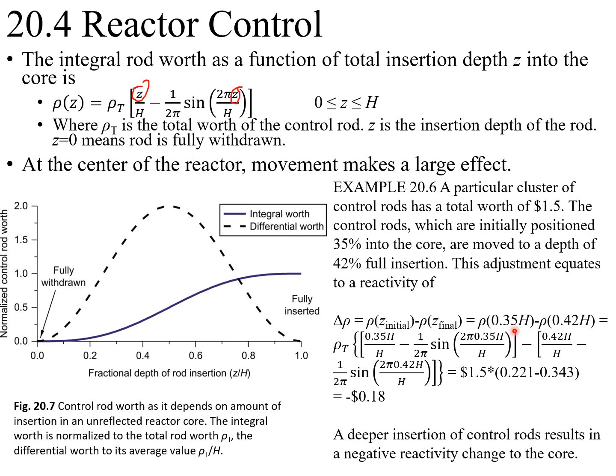Then you will get this result, and that is negative $0.18. It means that if you insert this control rod deeper into the core, you will get an additional $0.18 of negative reactivity. So as shown here, a deeper insertion of this control rod results in a negative reactivity change to the core.